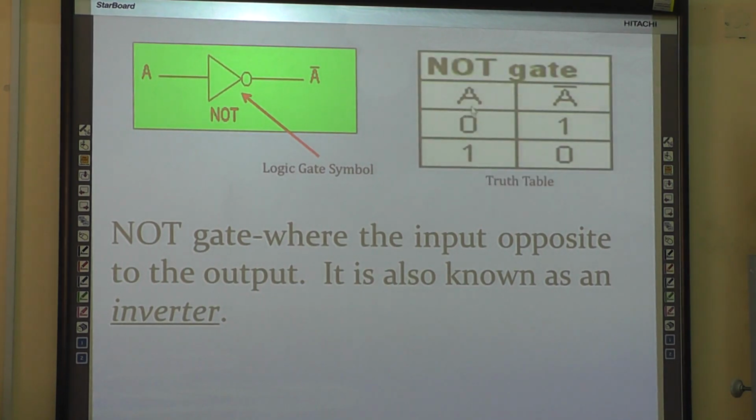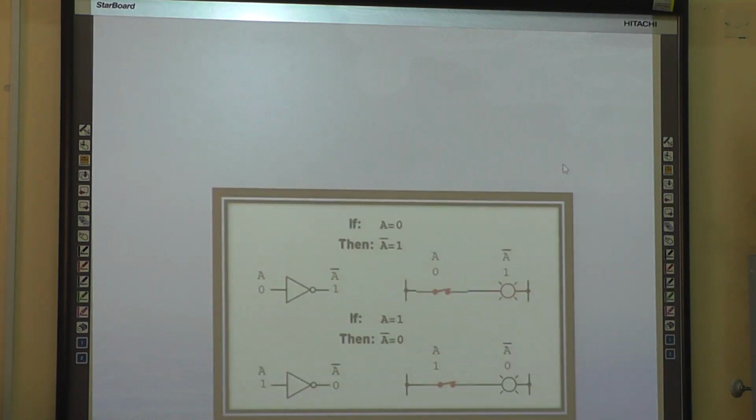So if this is the input A, this will be the output. If I have here the 0, the output will be 1. If the input is 1, then the output is 0. Anything that is connected to this inverter that comes in as input 0, the output will become 1.